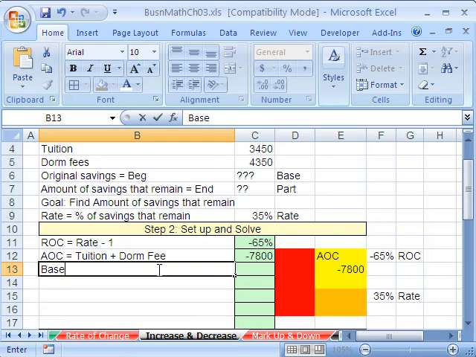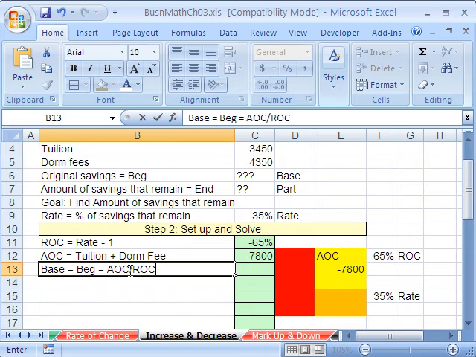So I'm going to say base equals begin equals, and I'm going to write this just like this, part divided by the rate, but I'm going to use the terms we're using. Amount of change divided by rate of change.